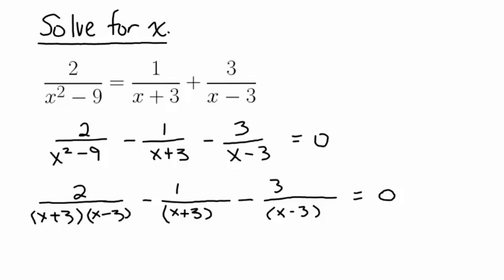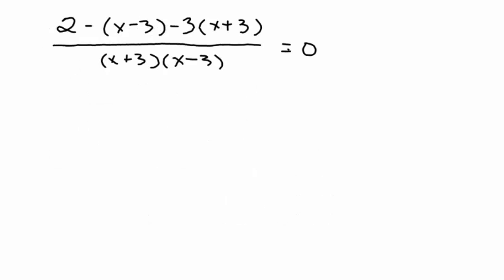To create our common denominator, we need to multiply this rational expression by x minus 3. Let's go ahead and add that factor in. And our last rational expression is missing the factor x plus 3, so let's add that in. And that's going to give us this expression here.